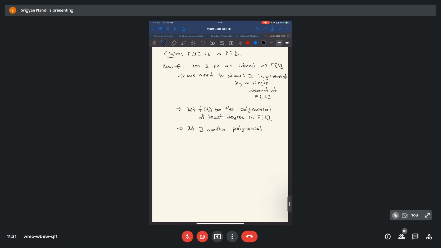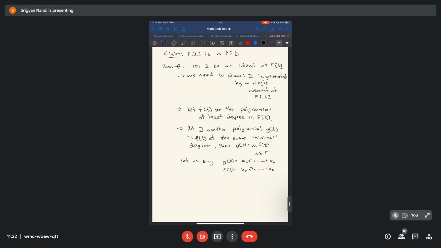Now we want to eliminate a very trivial case, which is if there exists another polynomial g(t) in I of the same minimal degree. We want to say g(t) is equal to some scalar a times f(t), where a belongs to F. So we want to show that the polynomials of minimal degree in this ideal are all multiples of each other, just scaled by a scalar belonging to F. So let us say g(t) is equal to a_n x^n plus up to a_0, and f(t) is equal to b_n x^n plus up to b_0.